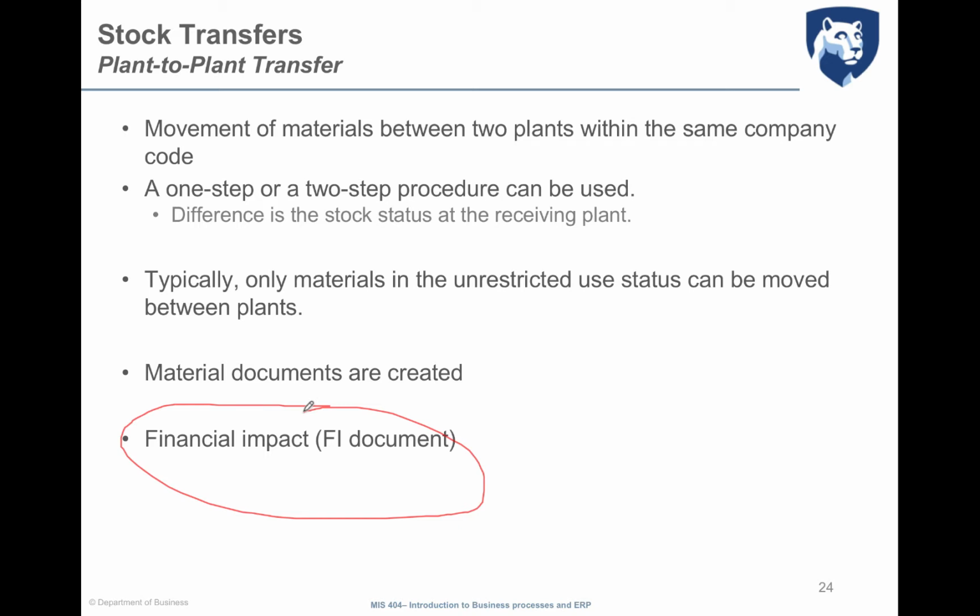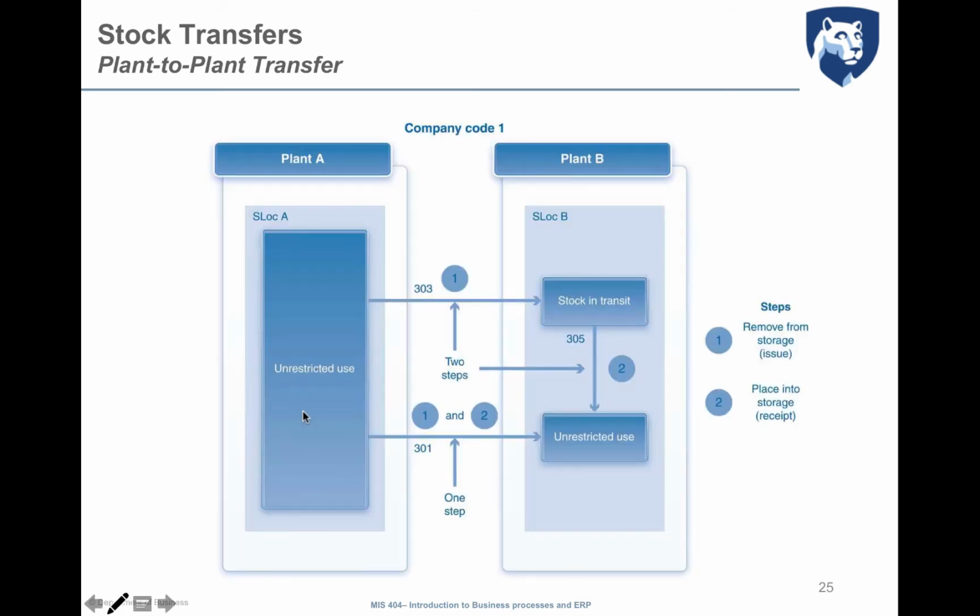Of course, the material is valued, as the accounting principle states, at the valuation price of the supplying plant and not of the receiving plant. That's what happens usually in the plant-to-plant transfer. So typically, only materials in the unrestricted use status can be moved between plants.